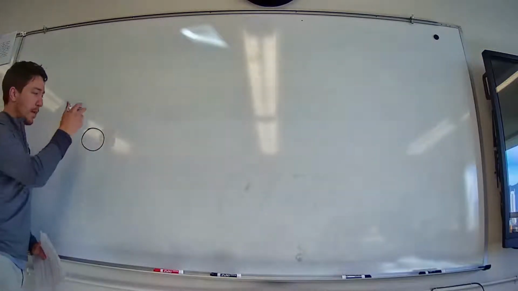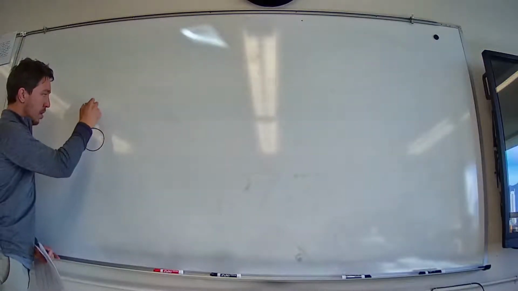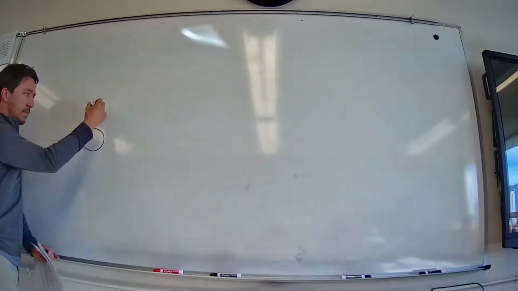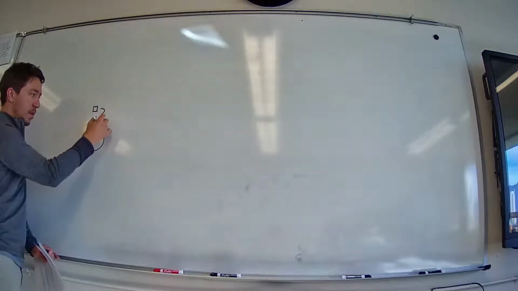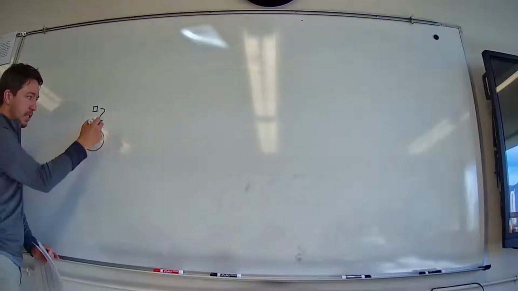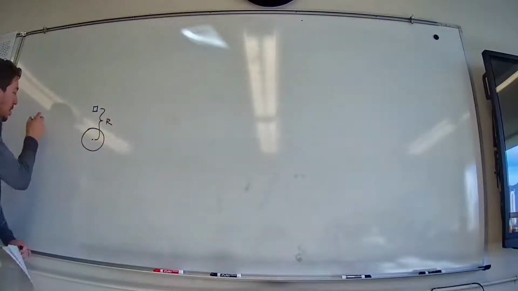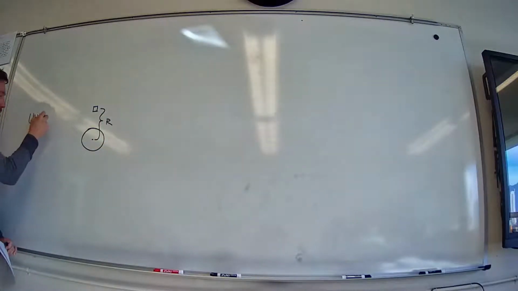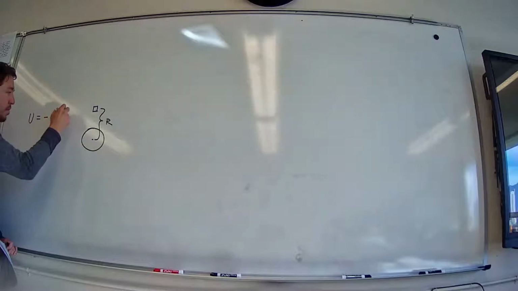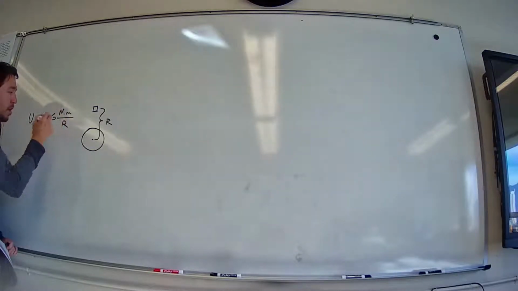It gets bigger. So if this is an object, and this distance is r, the gravitational potential energy is negative GMm over r.